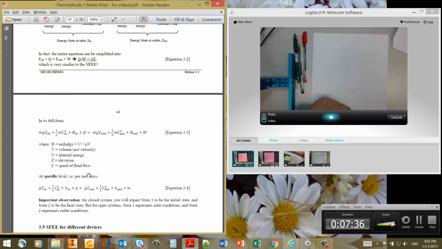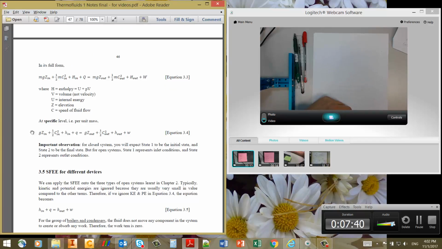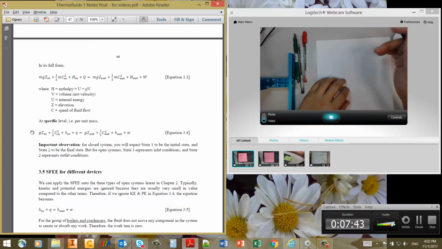So I'm just going to look at the specific level of the SFEE, meaning per kilogram.